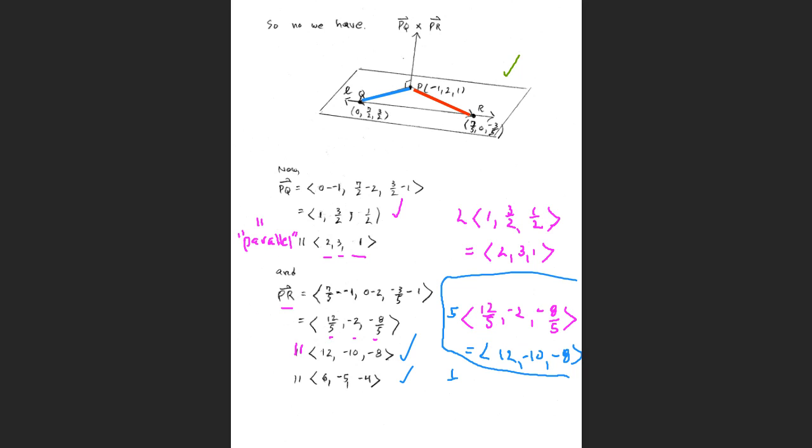I can take 1/2 times 12, -10, and -8, and get 6, -5, and -4. So why not work with vectors that have easier components? I don't know if you thought of doing that, but you can do that.